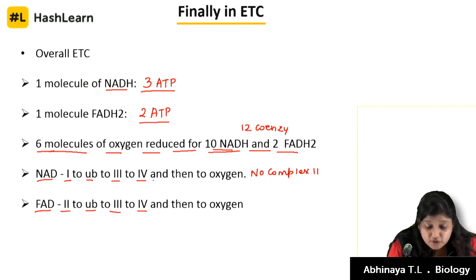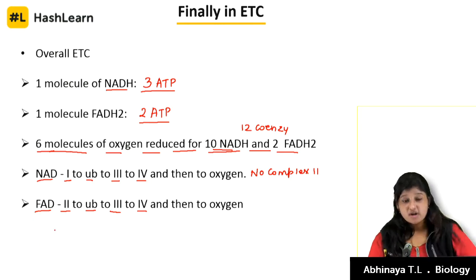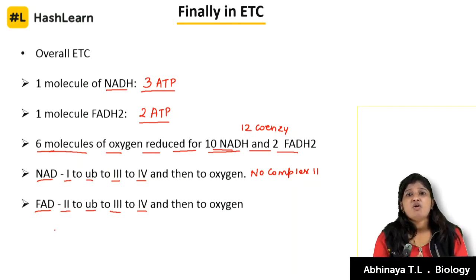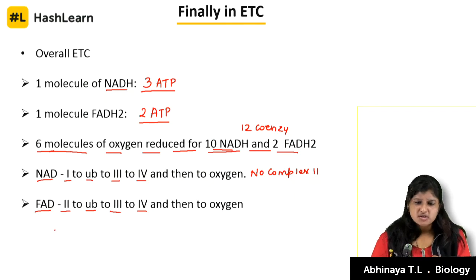So 1 to 3 to 4 is NAD, 2 to 3 to 4 is FAD, the proton movement. Know this, many unique typical questions have been asked. So at that time if you wonder where this is coming from, just know this concept, okay, then you will understand.